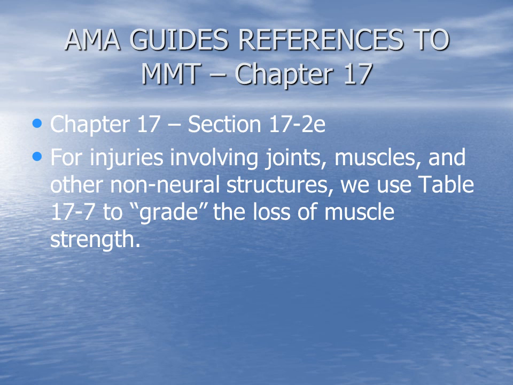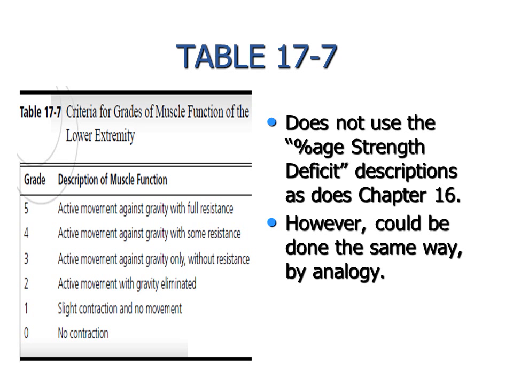So let's take a look at Table 17-7. You'll notice it incorporates only the 0 to 5 scale. It does not use the percentage strength deficit descriptions that we have in Chapter 16.